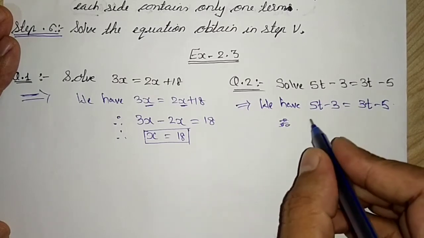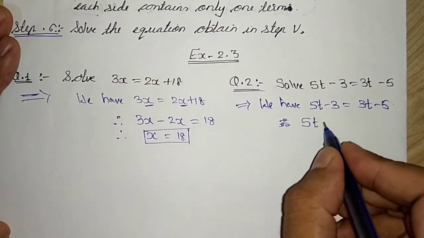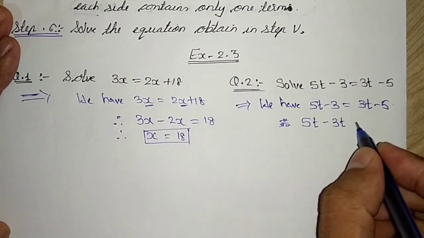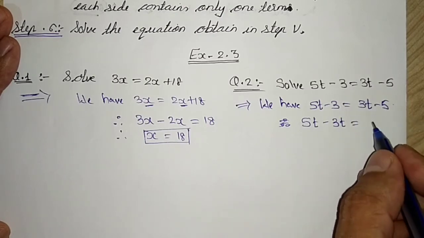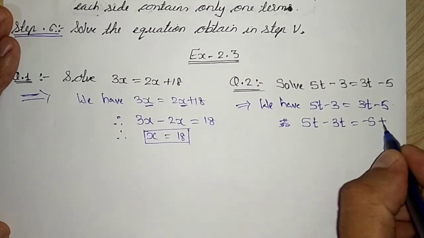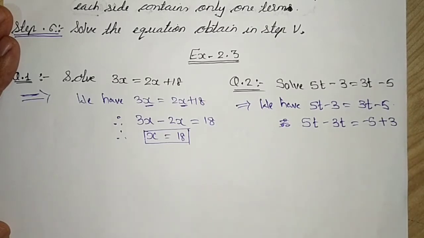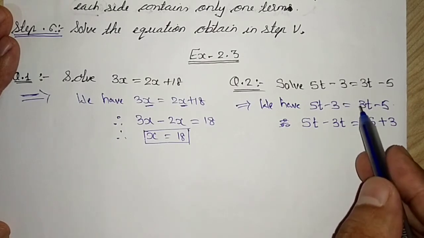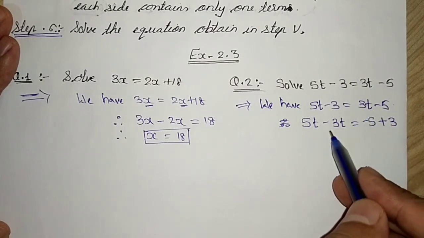Therefore, take the variable terms to the LHS side and the constant terms to the RHS side. But while you are taking them, please make sure you change the sign. I am changing the sign. 3t, there it was plus, after taking it here, I put it minus.